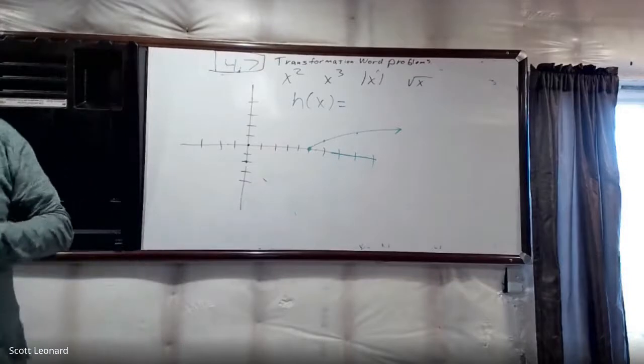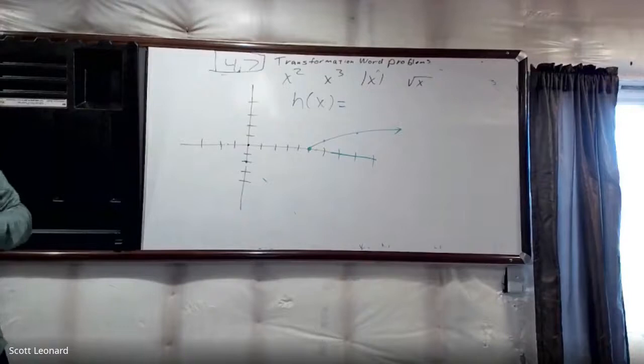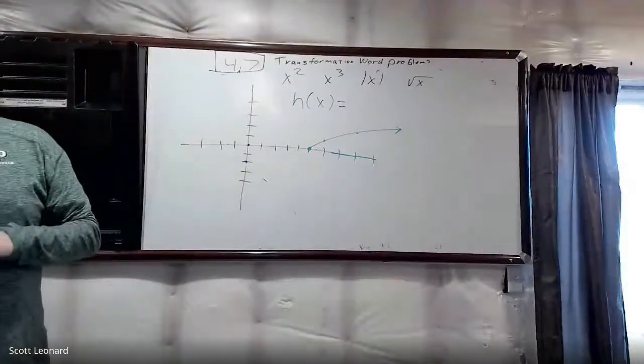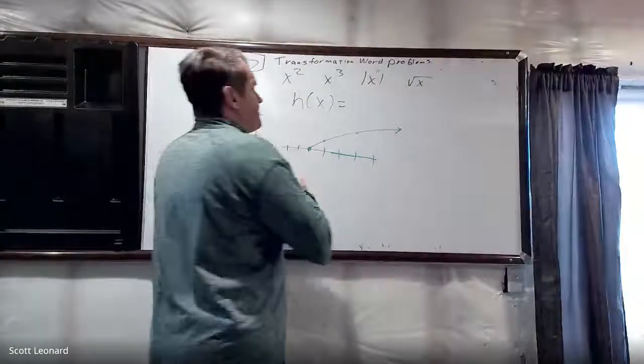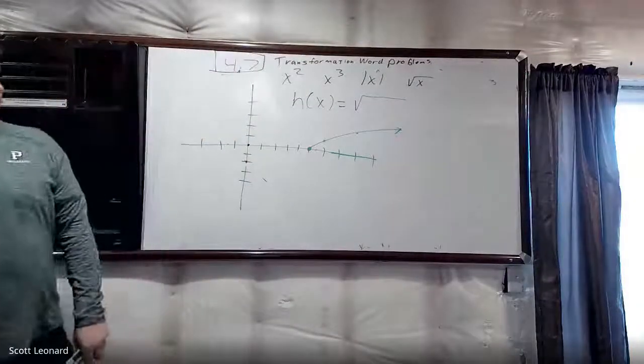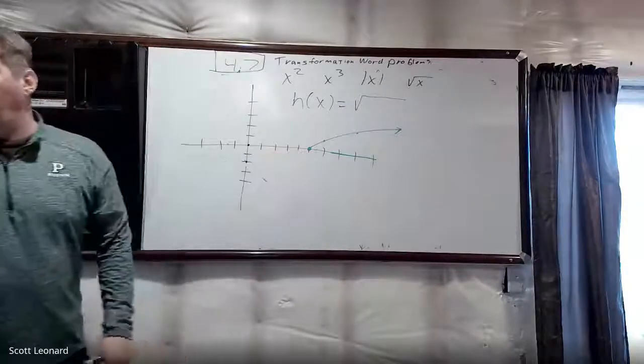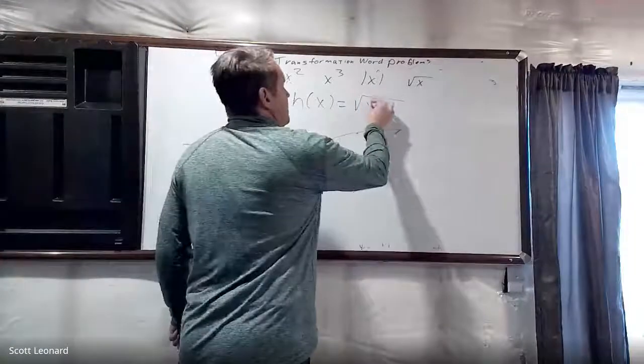Caleb, what function should be used for this shape? X squared, x to the third, absolute value of x, or square root of x? Square root of x. Square root of x, yep. This one only went right, did not go up or down at all, so we're only dealing with one of the 2 values.